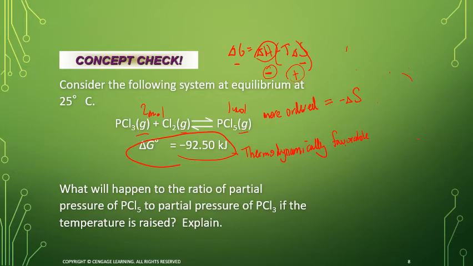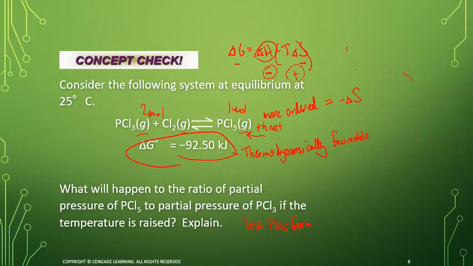And so as a result, I would have less of the PCl5 that would form. Now, you could also think about this in terms of Le Chatelier's principle. And remember, if I have the heat being an exothermic, I know I could add the heat over here to this reaction, and by increasing temperature, it drives it in the endothermic direction.